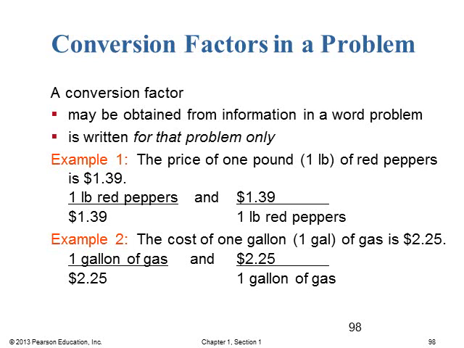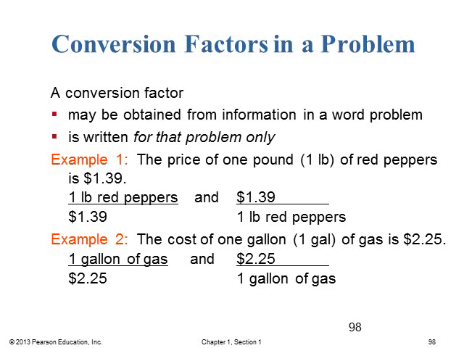Like in this example, the price of 1 pound of red peppers is $1.39, which is not a standard measurement, but that's what's given in the problem. So you can write it down both ways: 1 pound is equivalent to $1.39, so you can put 1 pound over $1.39 or $1.39 over 1 pound.